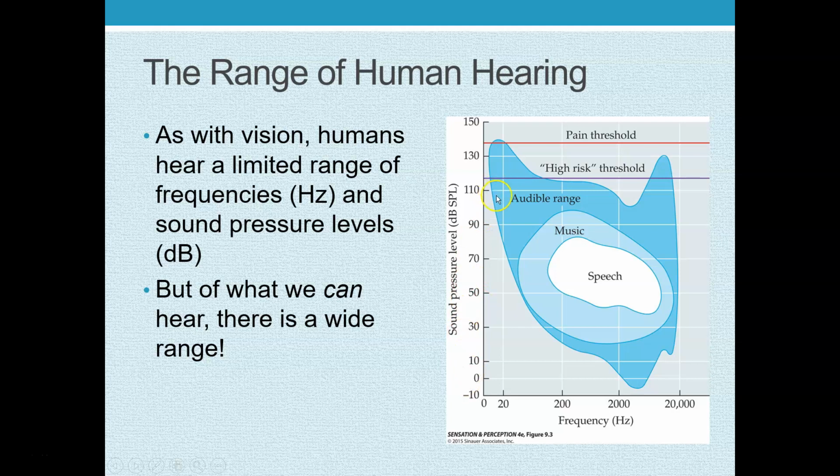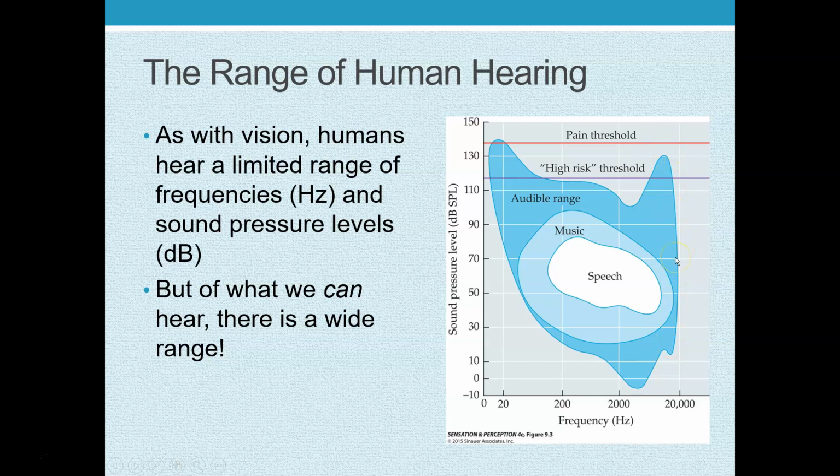The audible range in terms of frequency basically is as low as about 20 hertz, but you have to have really loud sound pressure levels to be able to hear that. As we get into higher frequencies, they do not have to be as loud to be able to hear them. And finally, kind of at our upper point at 2,000 hertz, you can see there's kind of a cutoff there.